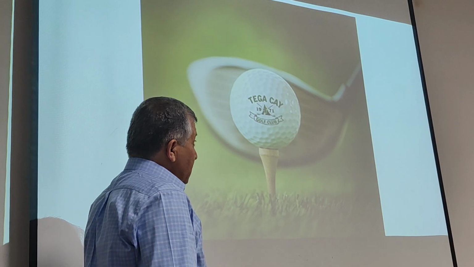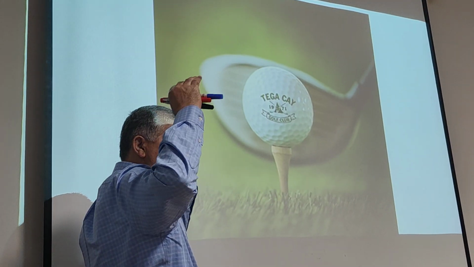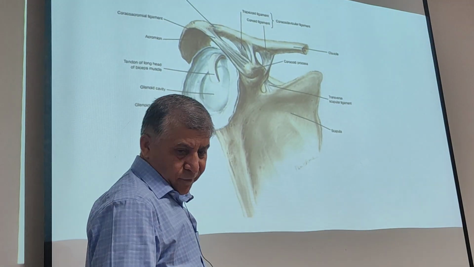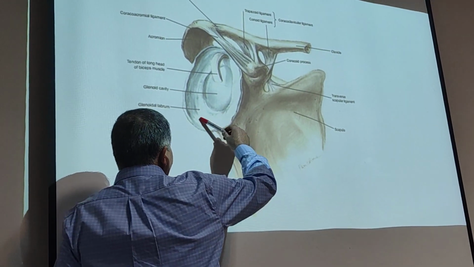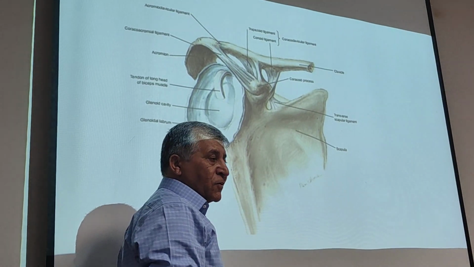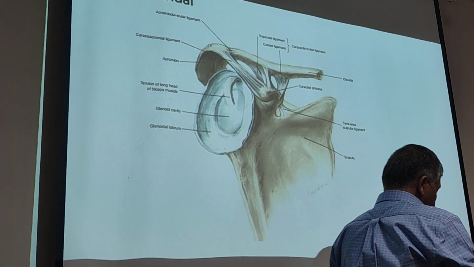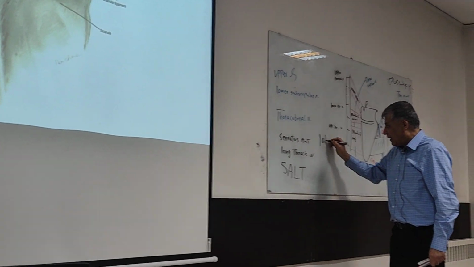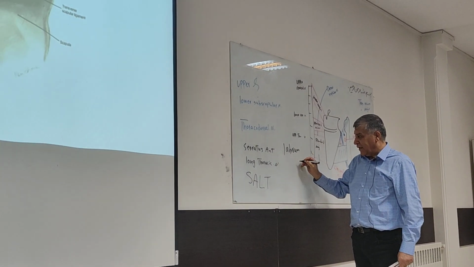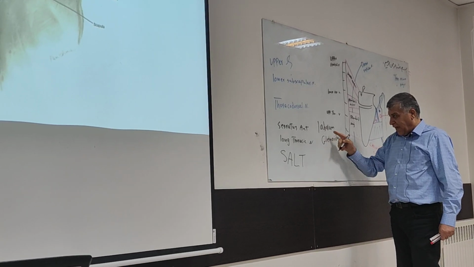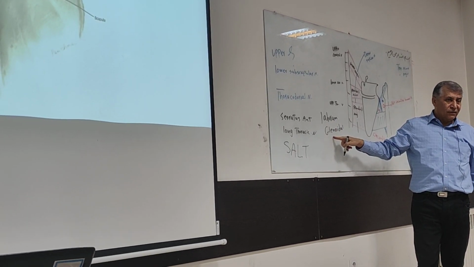To compensate, the body helps by two methods. One, there is a ring of fibrocartilage called the labrum, meaning ring. Glenoid labrum, a ring for the glenoid cavity.